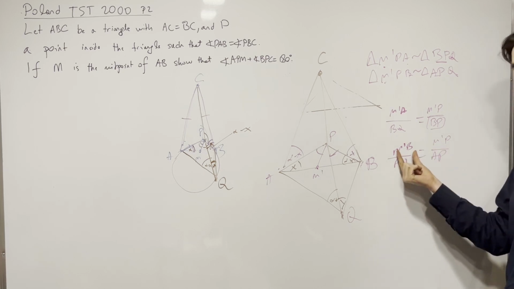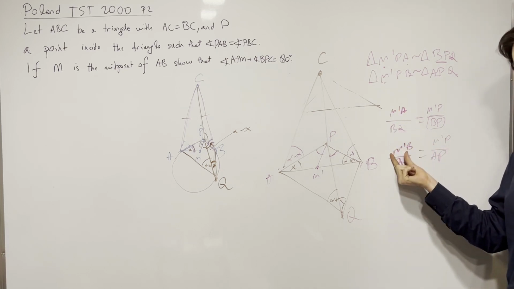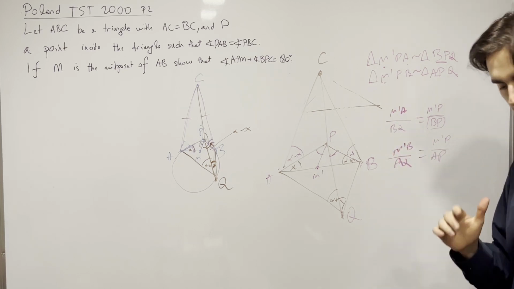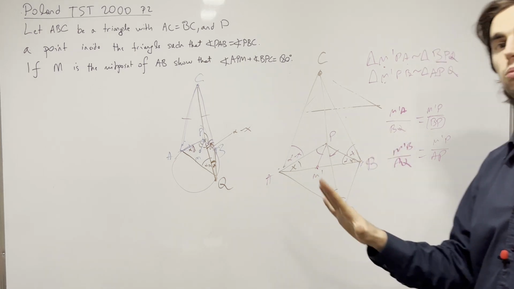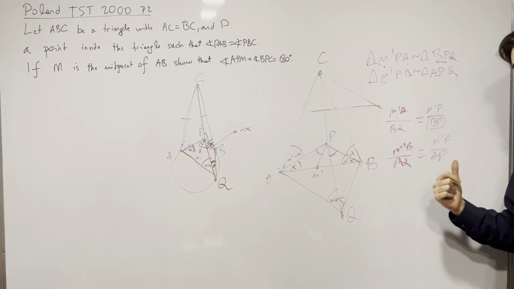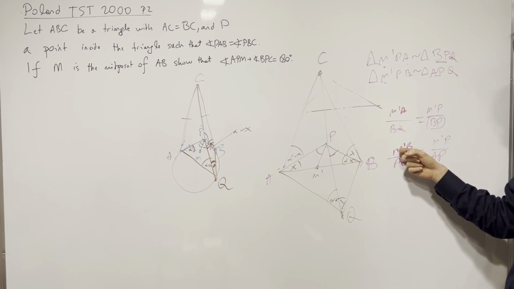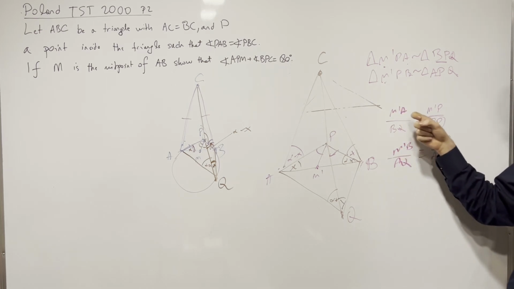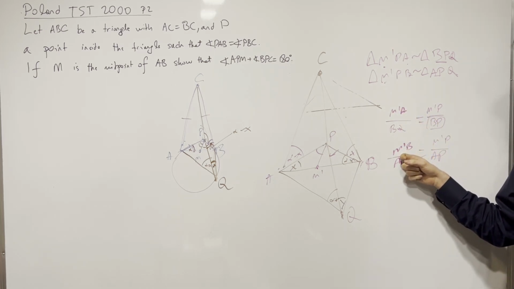Now, I need to show that M prime A is equal to M prime B. And I invite you here to pause for the next 5 to 10 minutes and see if you can push the problem further. I need this to equal this. Under what conditions is M prime A equal to M prime B?